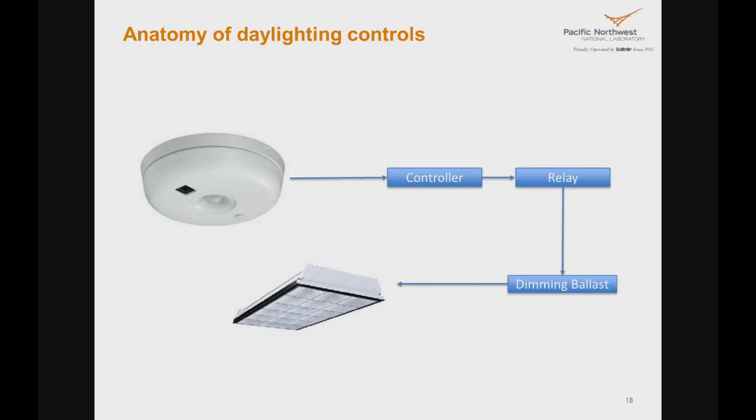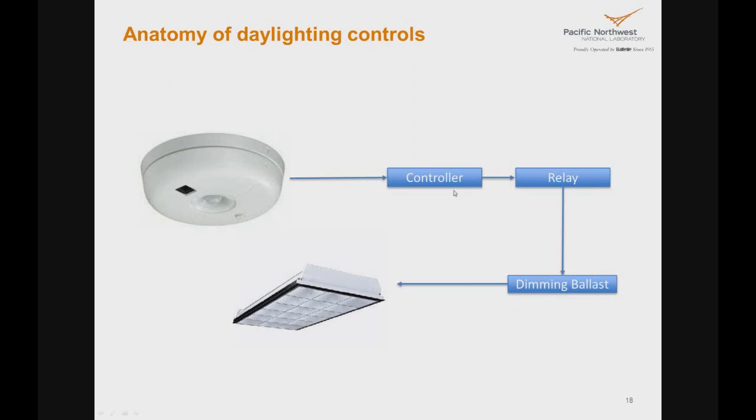So what constitutes a daylighting control? We have a sensor, obviously, that needs to sense the amount of light either inside the room or the amount of light outside, and we'll take a look at open loop versus closed loop controls in a minute. So we have a sensor here.